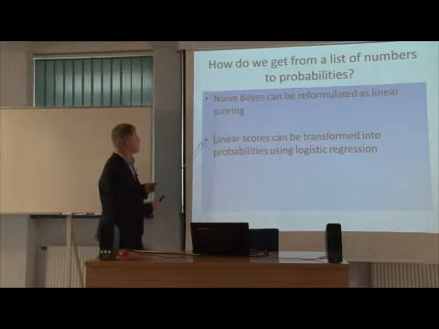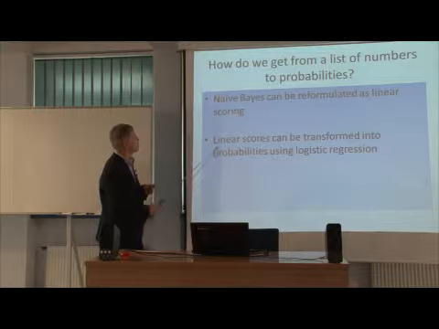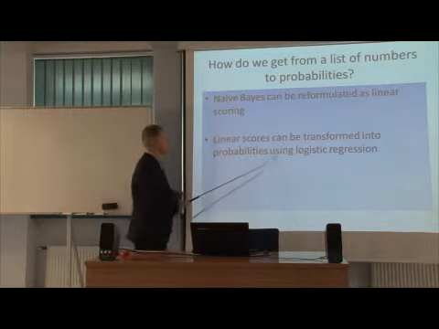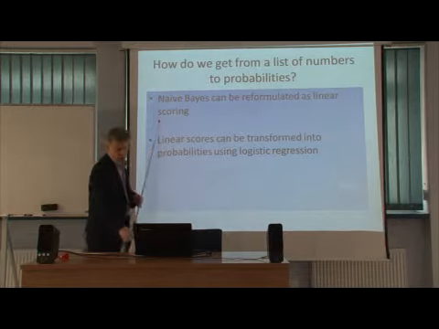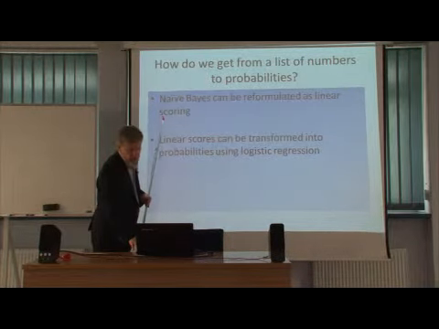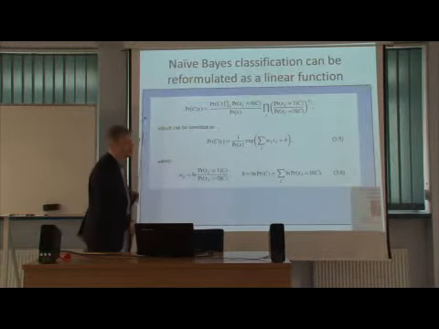The next step is the translation of such a linear score into probabilities, and the function that does it is called the logistic regression function. So let's look at it in detail.